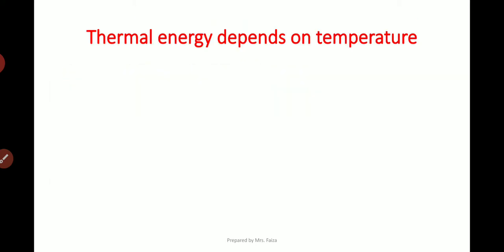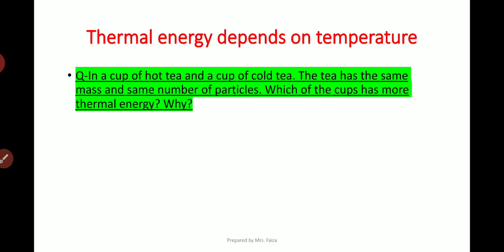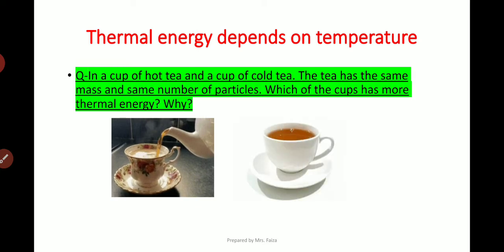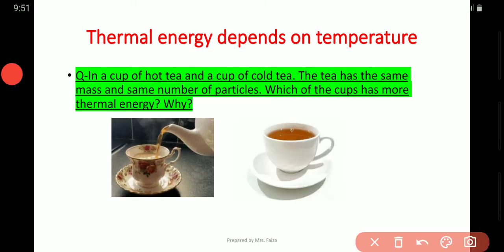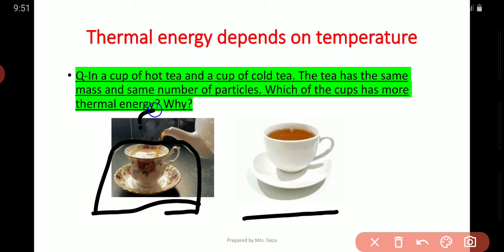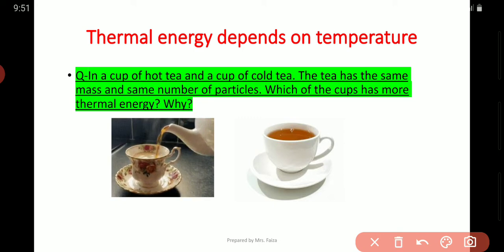Thermal energy depends on temperature. A cup of hot tea and a cup of cold tea have the same mass and the same number of particles. Which cup has more thermal energy? This one is hot, you see it by its steam.